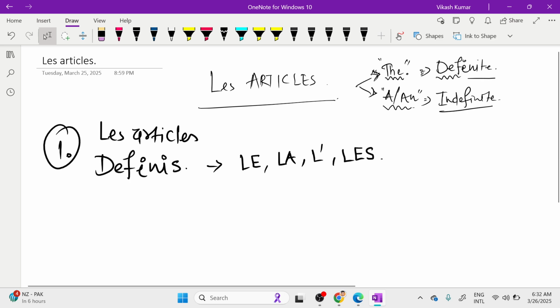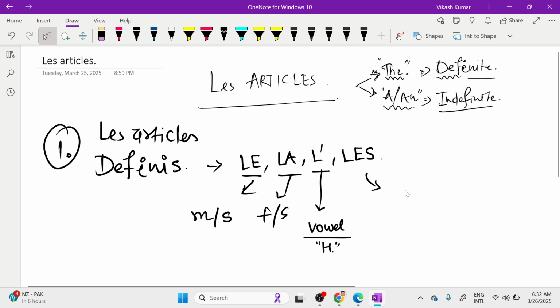You know the uses. Le is for masculine singular. La is for feminine singular. And what about l apostrophe? This can be used for both, with vowels or H.